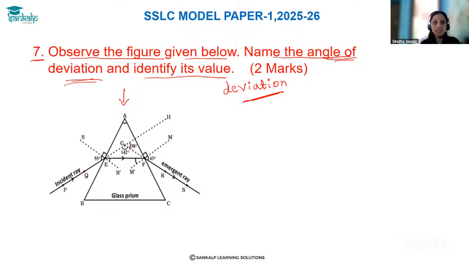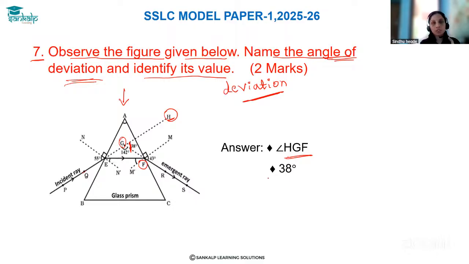See, this is the incident ray and this one is the emergent ray. In between these two rays, the deviation angle is formed. So this is the angle of deviation. Angle HGF, angle H, G and F, is where the deviation angle is formed.